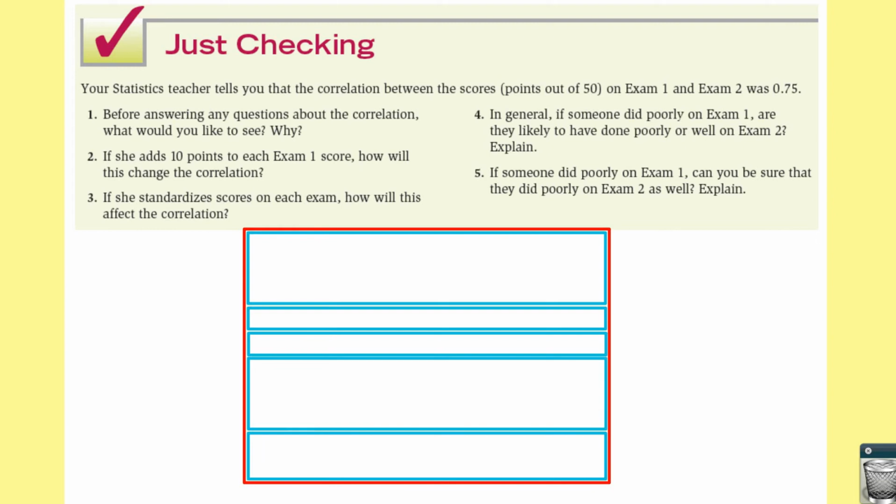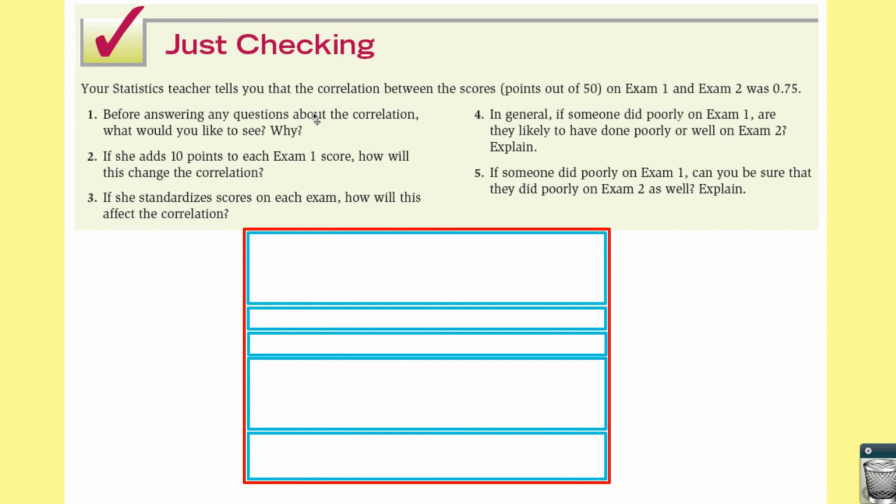Okay, so let's make sure we understand what the correlation coefficient is. I like this just checking box, okay? So I'm telling you that the correlation between the scores on exam 1 and exam 2 was 0.75. Before answering any questions about the correlation, what do you need to see?